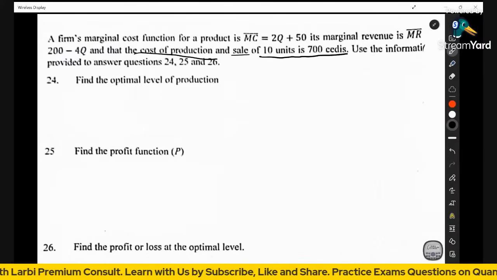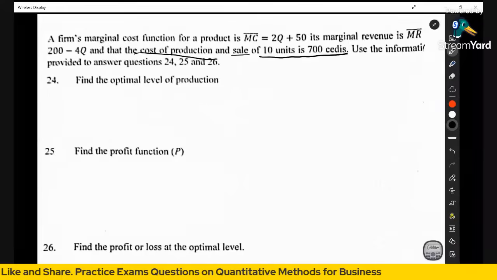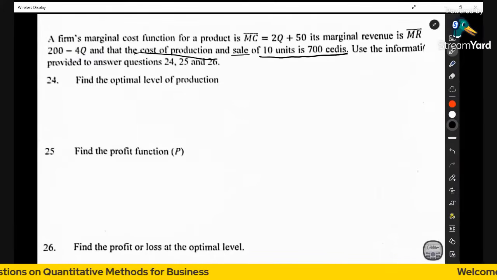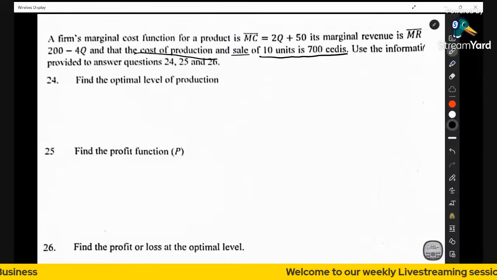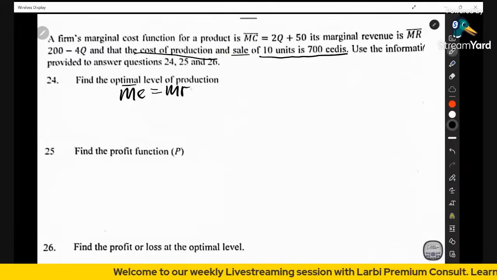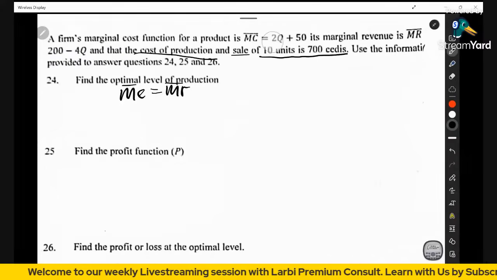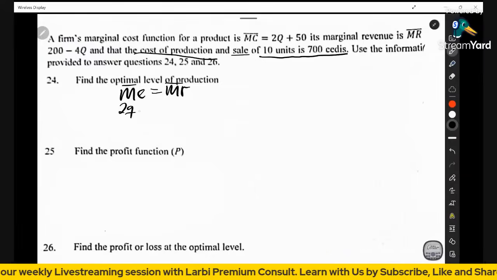Or the difference between the revenue function and cost function can also be the way that we find our optimal level of production. But always our marginal cost should be equal to our marginal revenue. So we say that our MC should be equal to our MR. So what is our MC? 2Q plus 50.